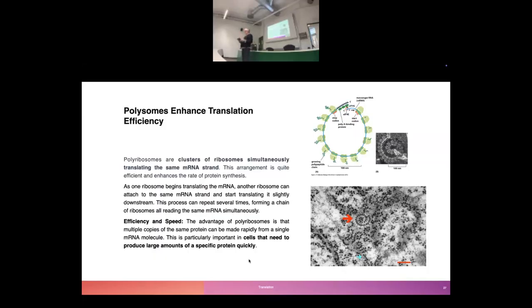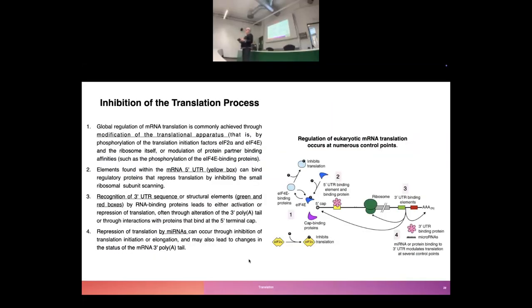The other way could be an inhibition of translation, and the inhibition, as we mentioned, could be because the initiation factors are not available, or there are some inhibitory proteins. So those ones, you cannot initiate new translation. And you know what?